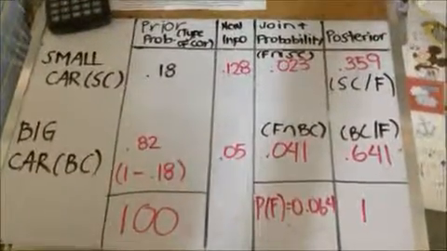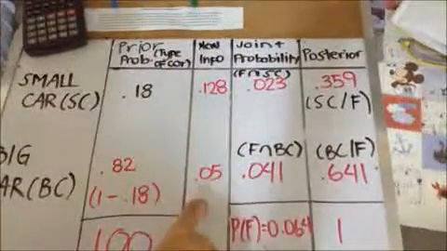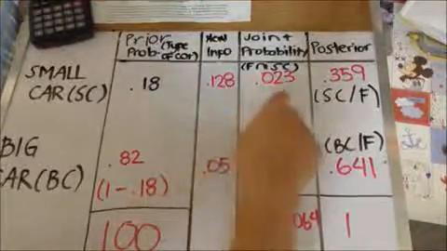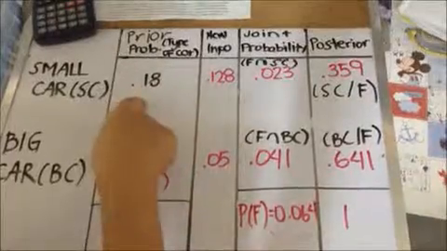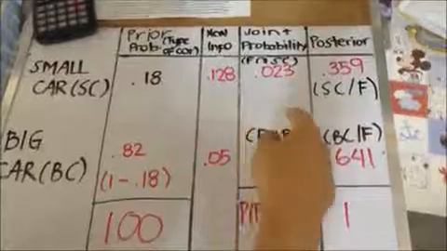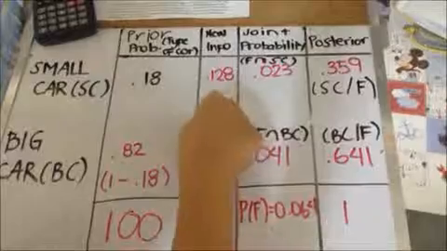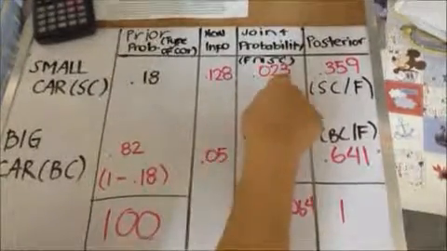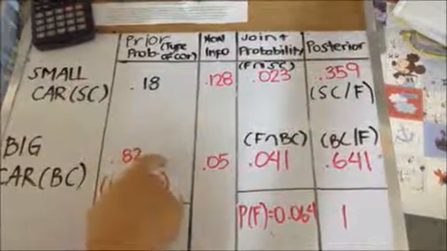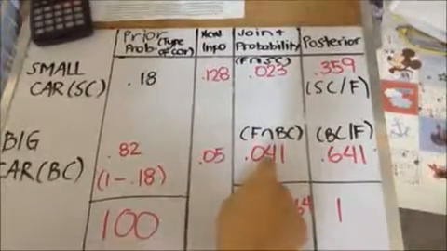The conditional probability for small car is 0.128 and for big car is 0.05. The joint probability can be computed by multiplying the prior probability and new information. The joint probability for small car is 0.18 times 0.128, and the answer is 0.023. While for big car, it is 0.82 times 0.05, and the answer is 0.041.